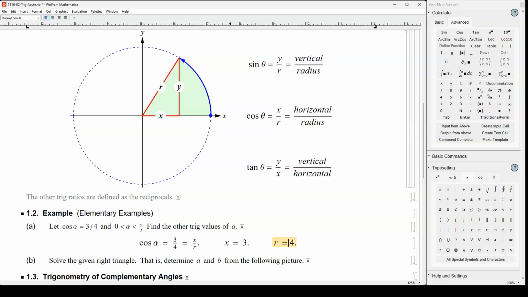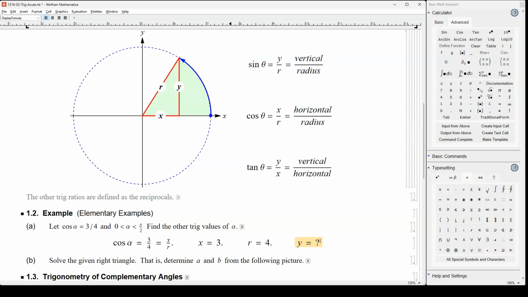And the question now is, what is y? If you find y as well, then you get y over r sine, y over x tangent, and then take the reciprocals, 1 over sine, 1 over cosine, and 1 over tangent. You're going to get all 6 trig ratios.